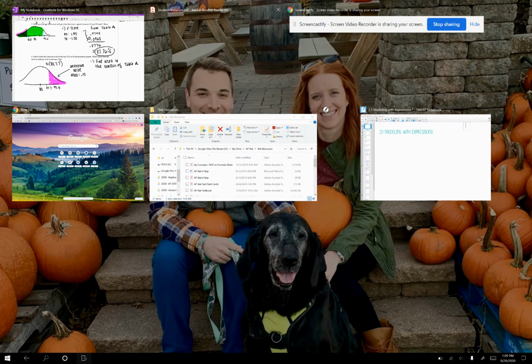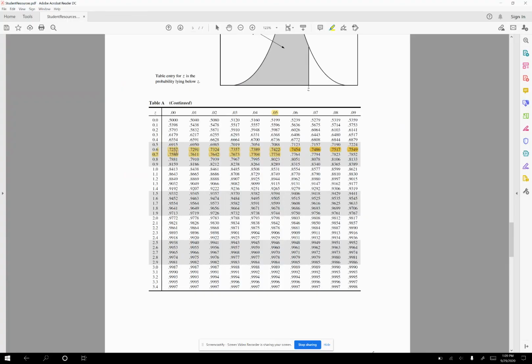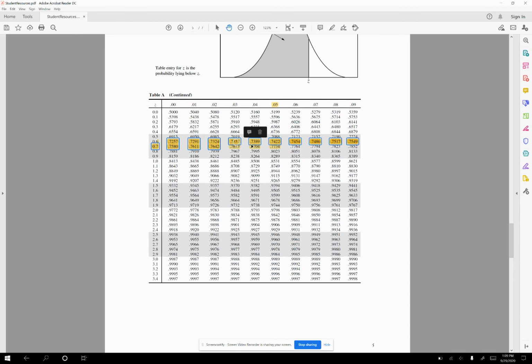On table A, everything that's in the middle in these big rows and columns, those are all your area values. So what you need to do, and this will come with practice also, is look at the middle of table A here for the value that's closest to 0.15.